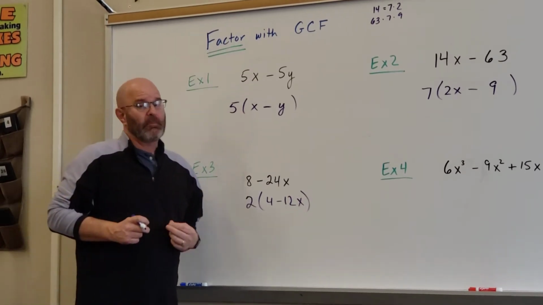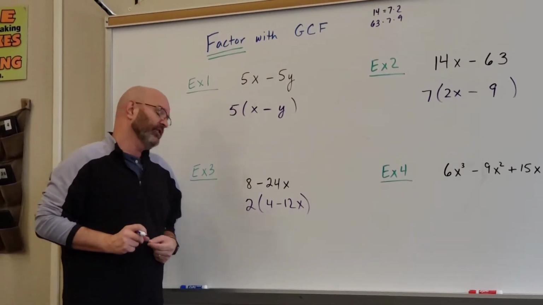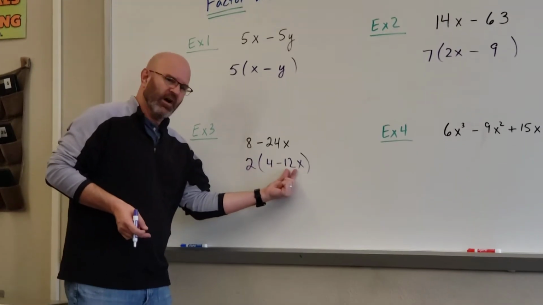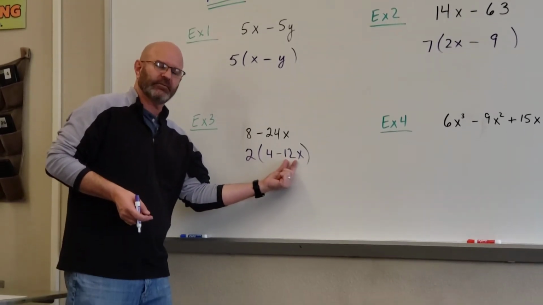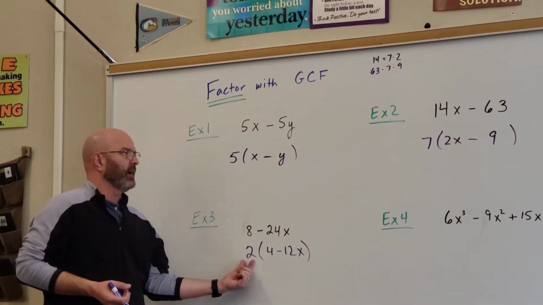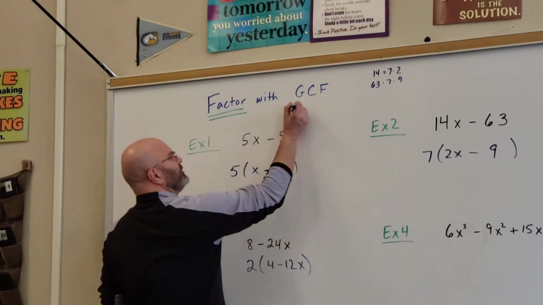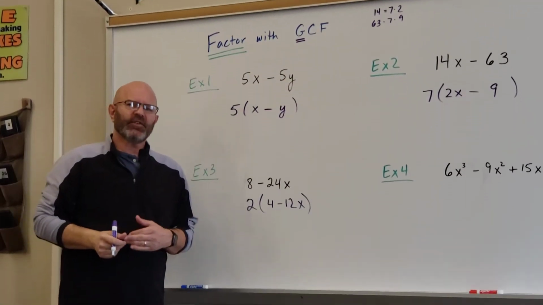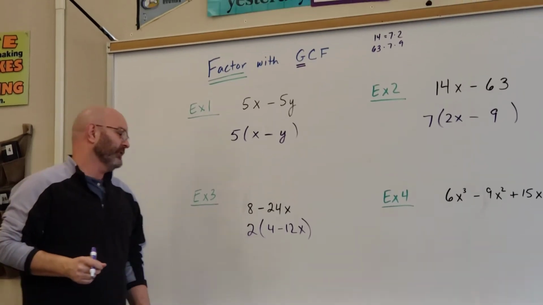This actually isn't bad, but this factorization is not complete. I can see this because this 4 and this 12 still have a common factor. So the mistake that the student made was they pulled out a common factor, but they didn't pull out the greatest common factor. So that's a problem where you might get partial credit.